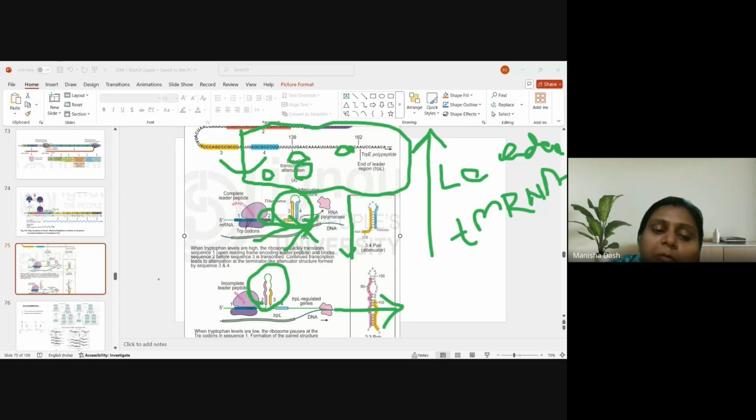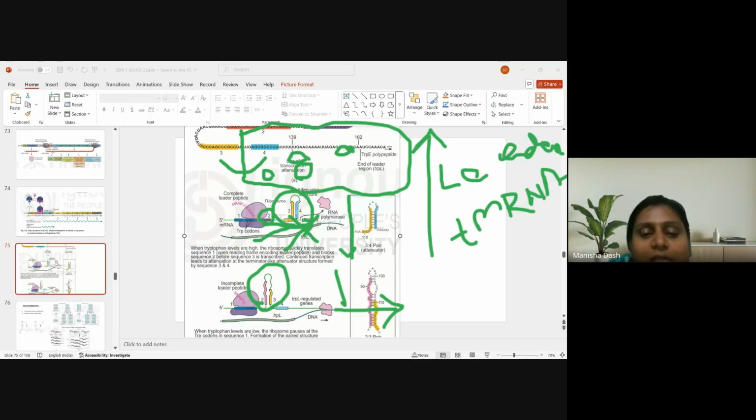There is no problem for the RNA polymerase to move and transcribe the mRNA. So at low tryptophan level, the gene expression will continue, whereas at high tryptophan level, the mRNA synthesis will be minimized, which we call attenuation.